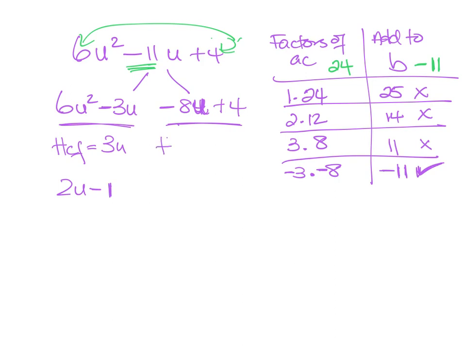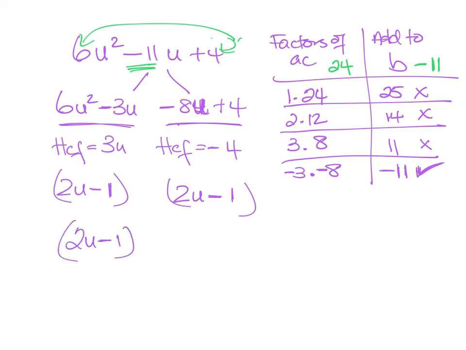And what is the HCF here? The HCF here is 4, and because here has a minus, we'll take out minus 4. So if we take out minus 4 from each one, we'll be left with a positive 2u, and we'll be left with minus 1. So we get 2u minus 1 for both. So we get 2u minus 1 by 3u minus 4.